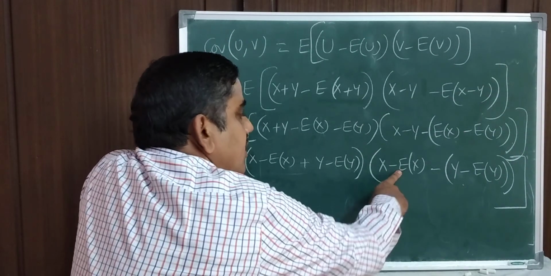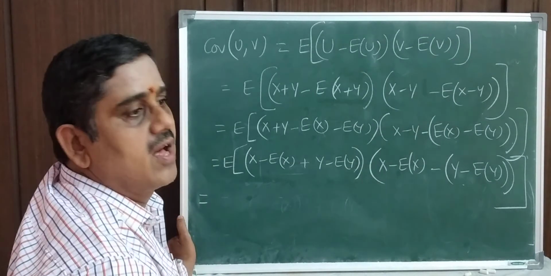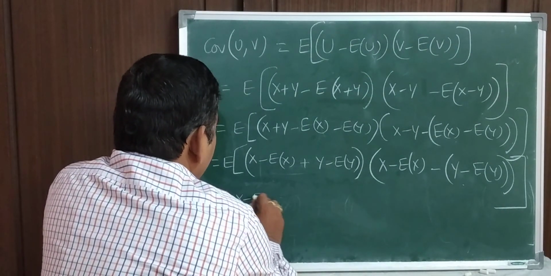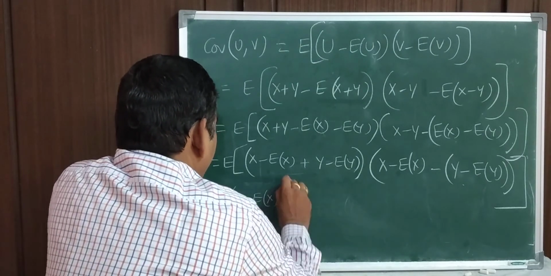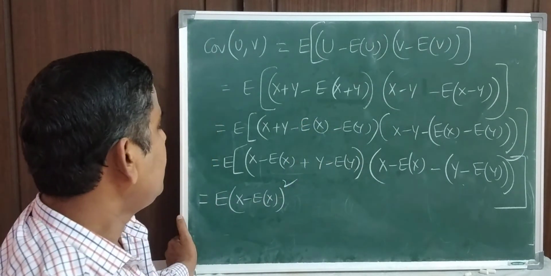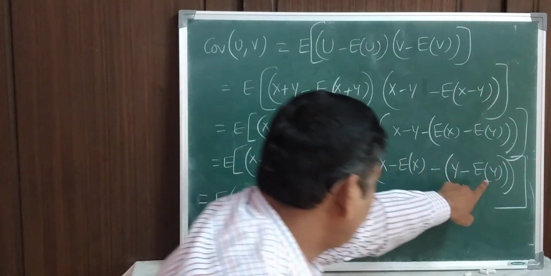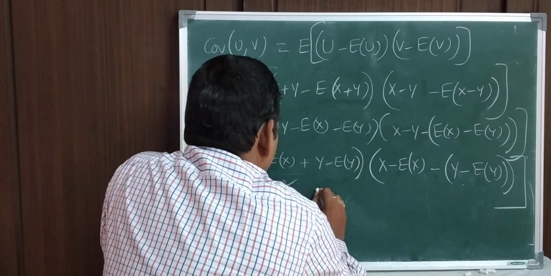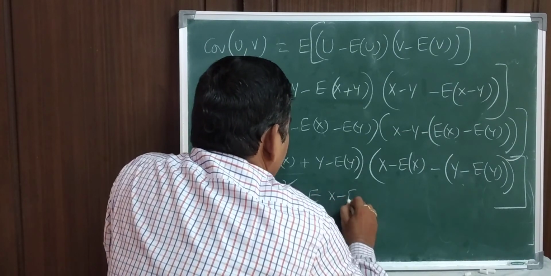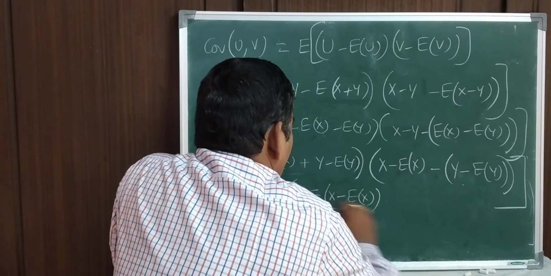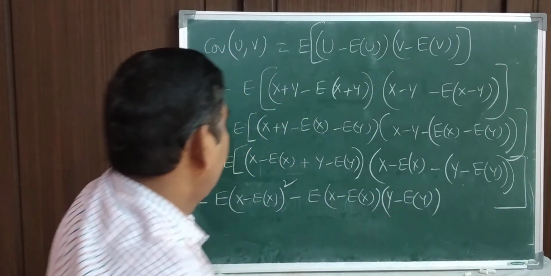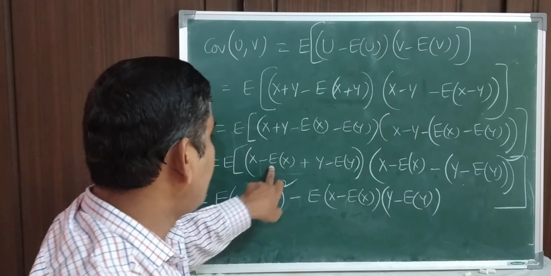Here, multiply and take expectations. X minus expectation of x into x minus expectation of x is the whole square. Take expectations. Therefore, it is expectation of (x minus expectation of x) the whole square. Right? Next, x minus expectation of x and y minus expectation of y with minus sign. So it is minus expectation of (x minus expectation of x) into (y minus expectation of y). First term finished, with multiplications.